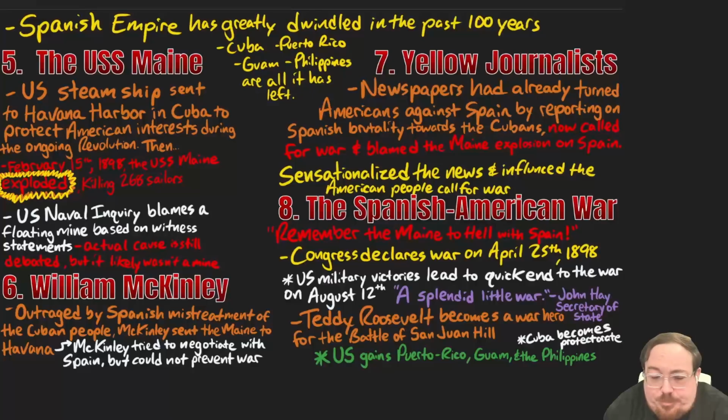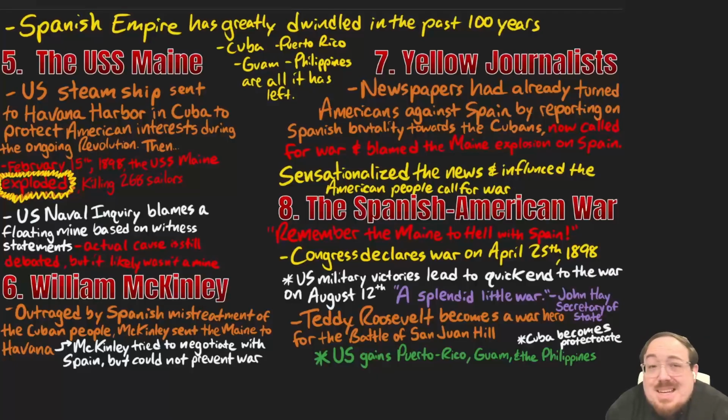And at the time, you have people like Pulitzer and William Randolph Hearst, very rich, powerful media tycoons who owned all the newspapers, and they wanted war with Spain. And so they will use the explosion of the Maine and they will use the treatment of the Cubans to call for war with Spain. And they will sensationalize the news and push for the American people to call for war.